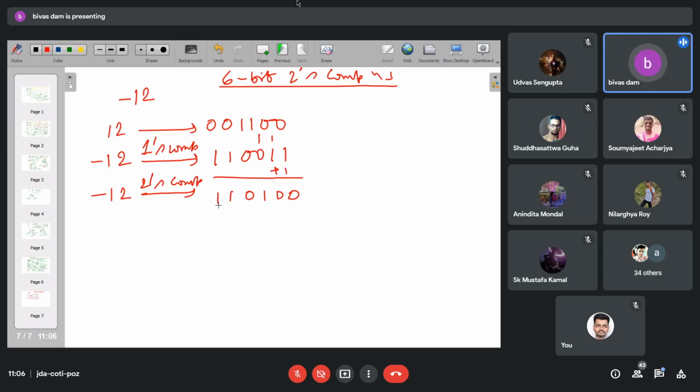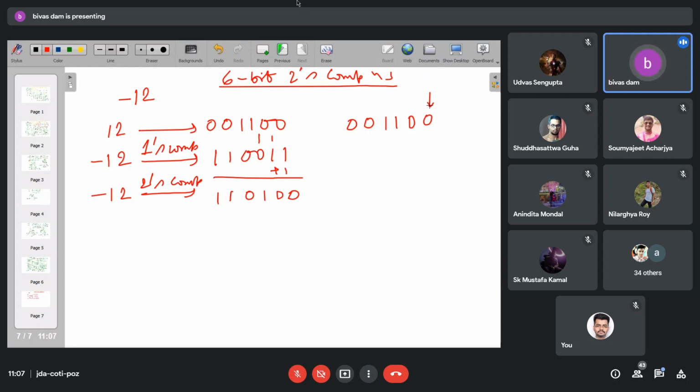What is the unsigned binary pattern? The number is originally negative. So I have to start scanning the pattern starting from which bit? This bit. Scanning means just you are observing. Scan the pattern starting from the least significant bit.